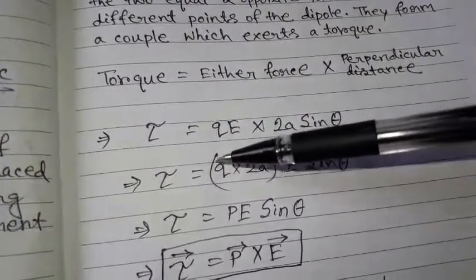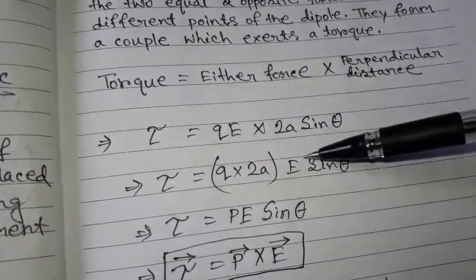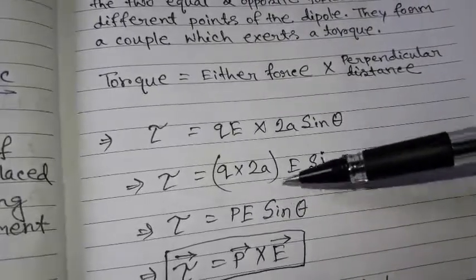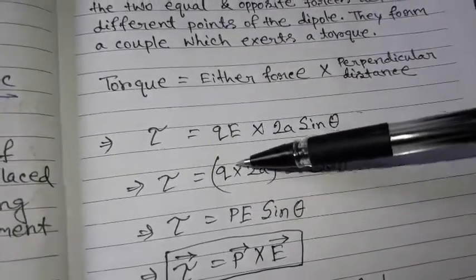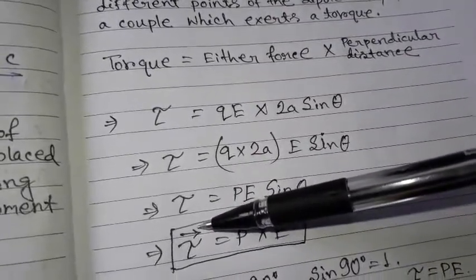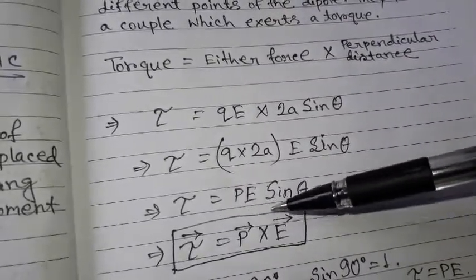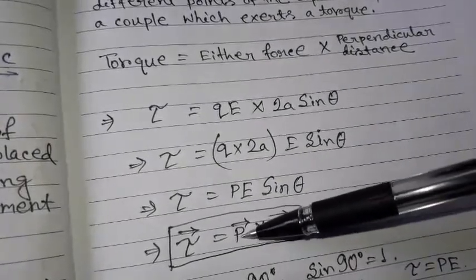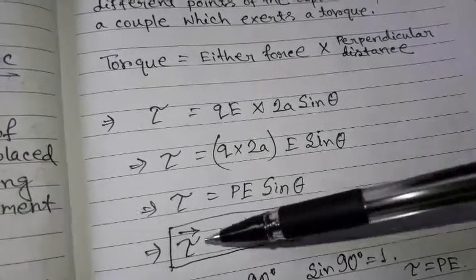So we can write q into 2a E sin theta, or p E sin theta, as we know p equals q into 2a. So in vector notation, tau vector equals p vector cross E vector. So the cross product of dipole moment and electric field gives the torque.